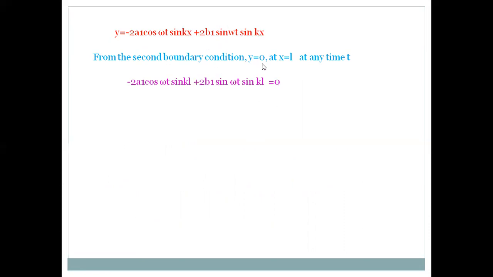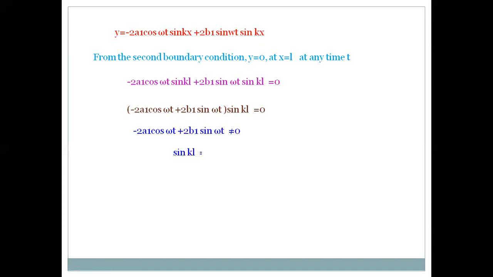Of course, that is equal to 0 because displacement y is equal to 0 at x is equal to L. When we take sin kL common, that is (minus 2a1 cos omega t plus 2b1 sin omega t) into sin kL is equal to 0. Of course, a1 and b1 are constants, and cos omega t and sin omega t are never 0. So sin kL must be 0.